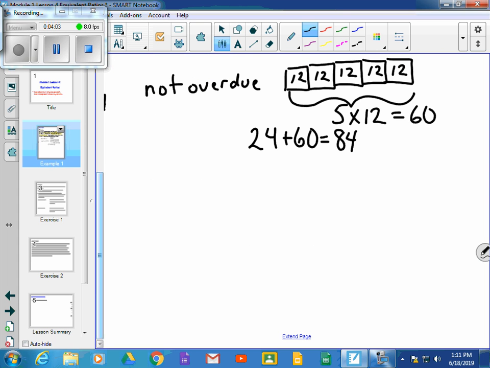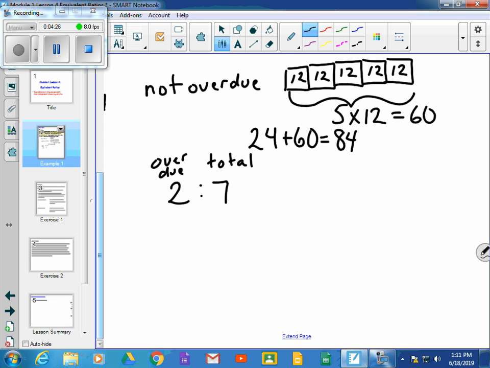Now, another way that we can solve this kind of problem is using a tool called equivalent ratios. And in this, I'm going to use the ratio 2 to 7. That first number, 2, represented overdue library books. How many kids had overdue library books? The 7 represented a total.